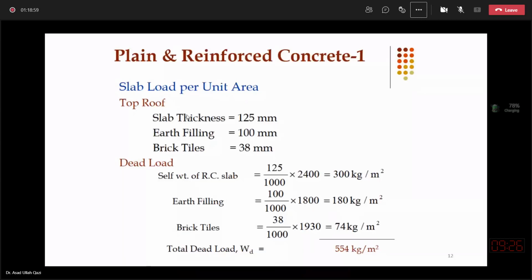tentatively assumed slab loads over the roof.